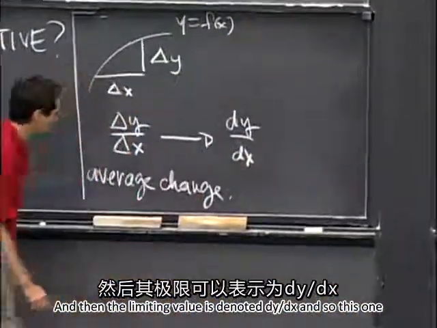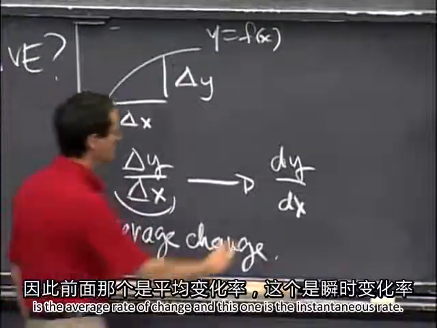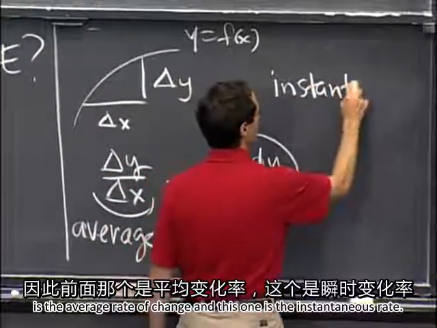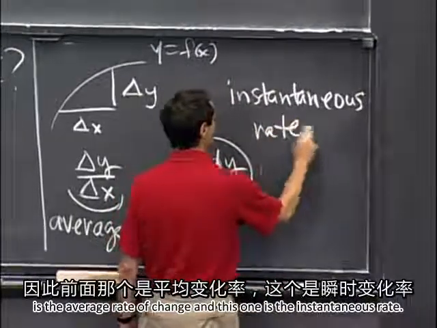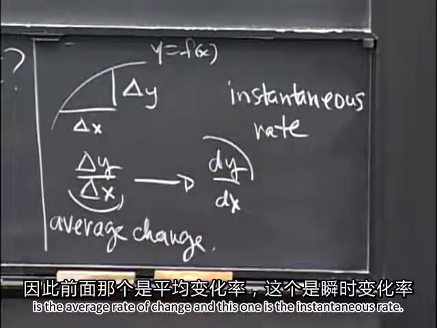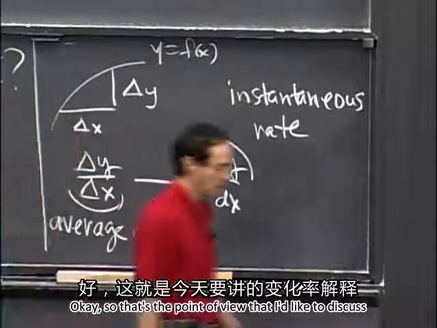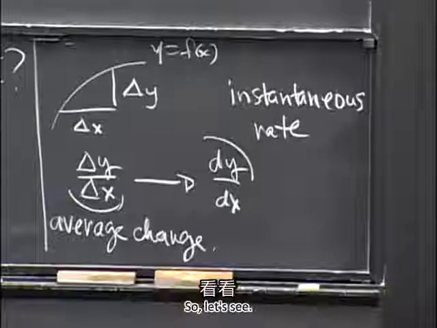So this one is the average rate of change, and this one is the instantaneous rate. Okay, so that's the point of view that I'd like to discuss now and give you just a couple of examples.